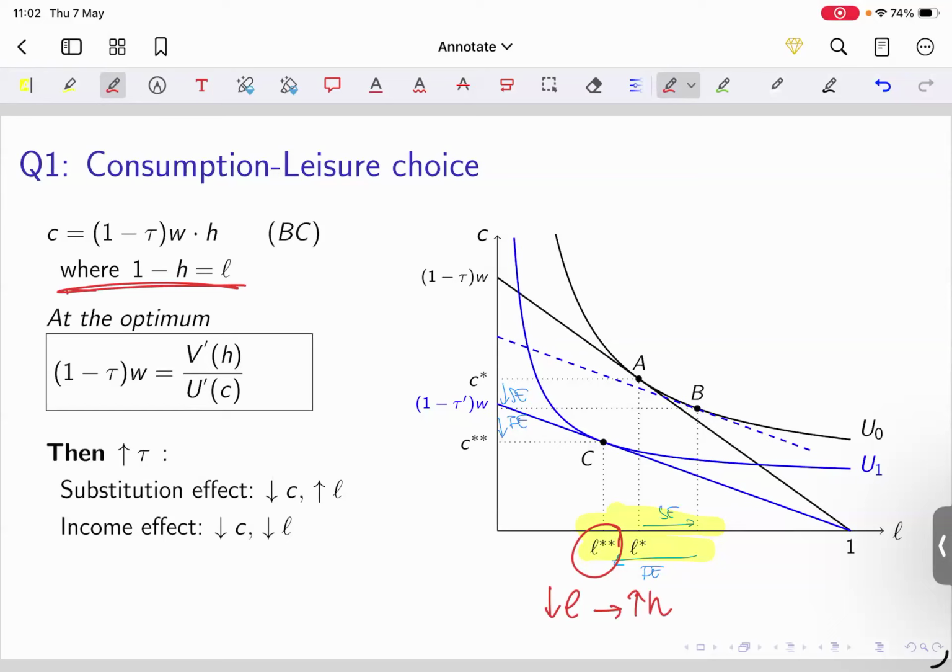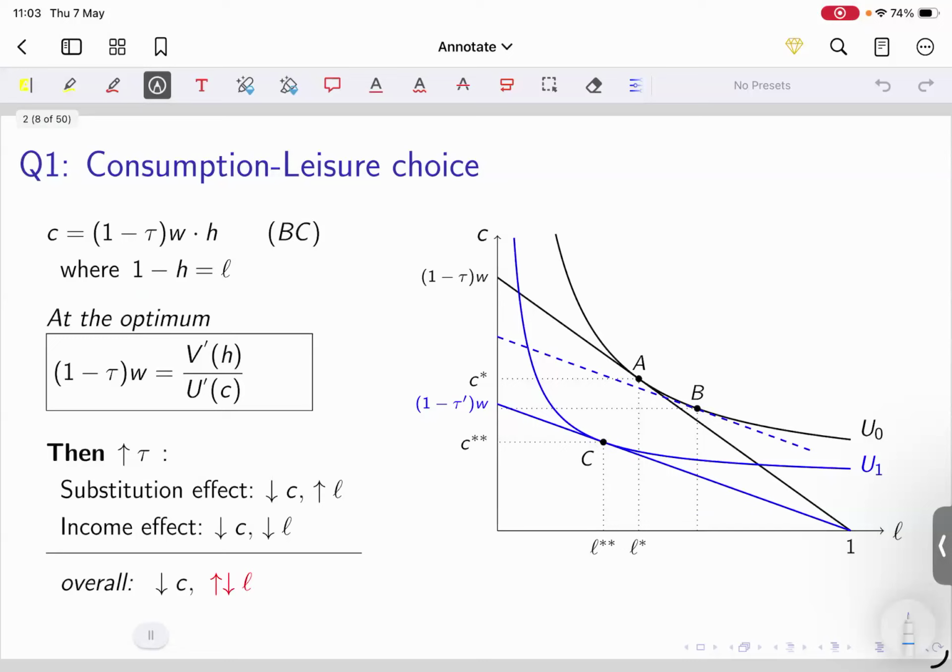So this is enough to show that the statement is not always true. That is to say, word for word, it is not true that an increase in the tax rate leads to an unambiguously negative effect on household supply of labor.